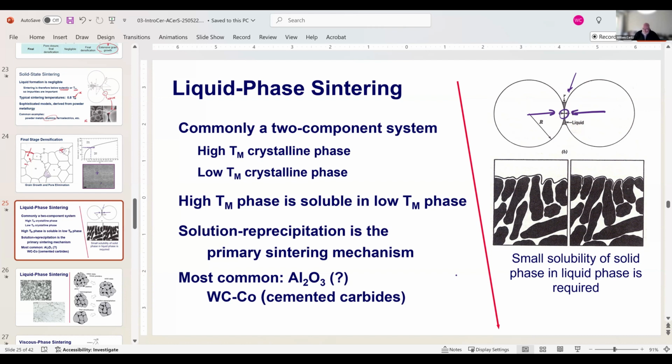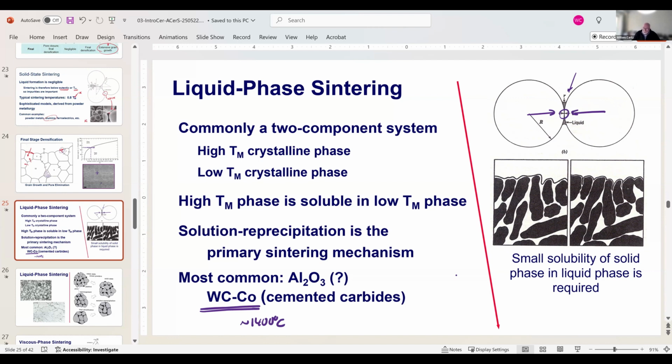The most common that we see is cemented carbides, or your carbide machine tools, tungsten carbide, cobalt. Cobalt's a metal, has a melting point of about 1400 degrees C, okay? And the cobalt melts, and the tungsten carbide has a finite solubility in the cobalt, and that results in the sintering of these materials called cemented carbides, okay?